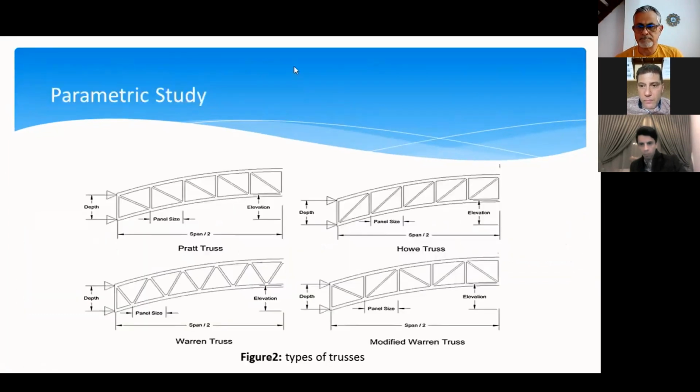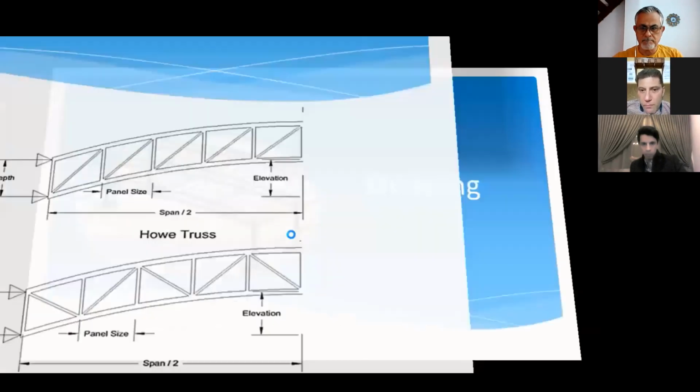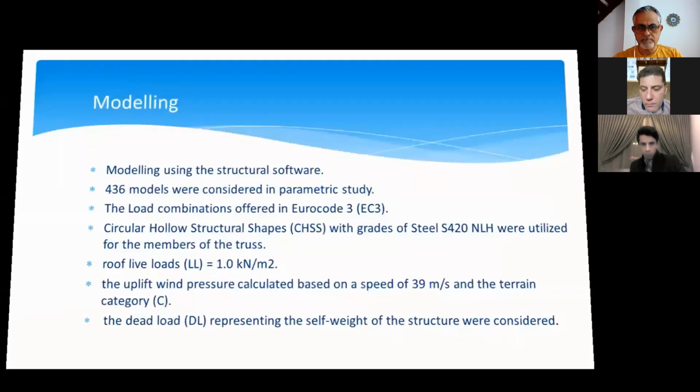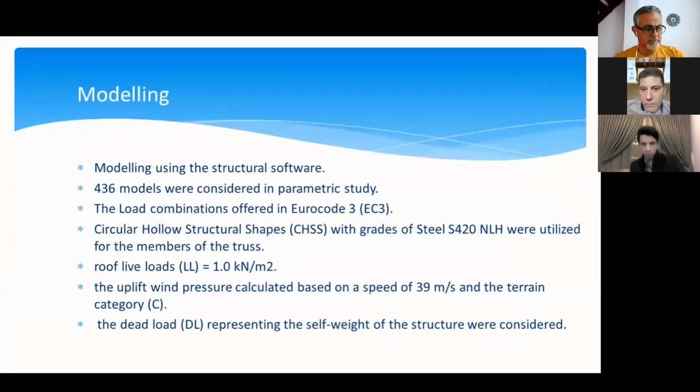In the parametric study, this is the front view of every truss, its verticals, chords and diagonals. Modeling stage. In modeling, we use RFEM, number of models by Eurocode, and the shape of the cross-sectional area.